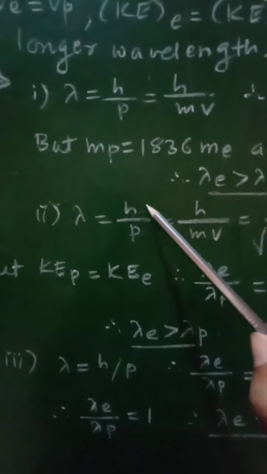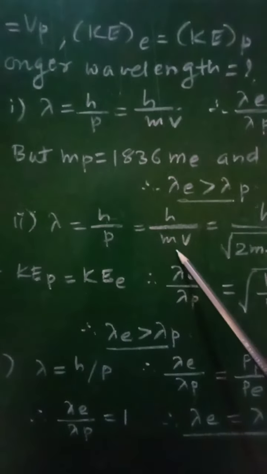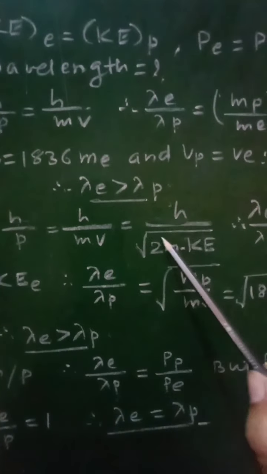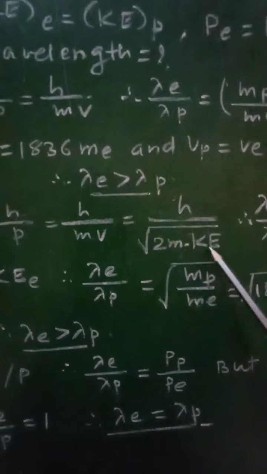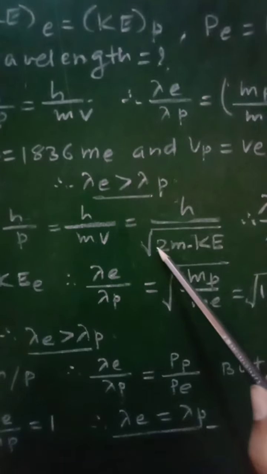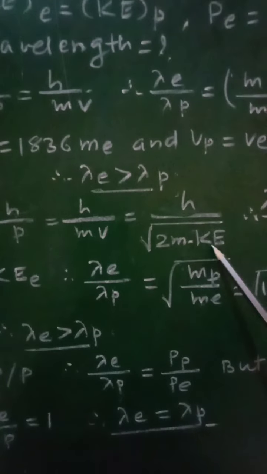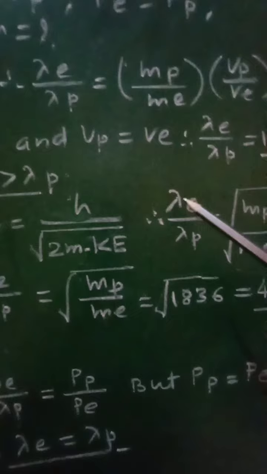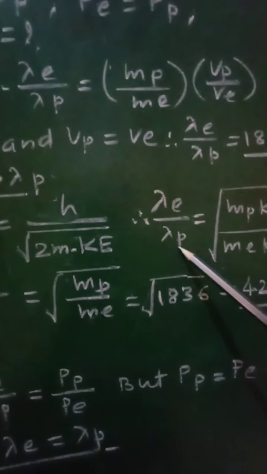Now let us go for second case. As lambda is equal to h by p, that is equal to h upon mv, which will be further written as h upon square root of 2m into kinetic energy K_e. So here h upon square root of 2m into kinetic energy, in terms of kinetic energy. Therefore, we can write the ratio of lambda e upon lambda p.